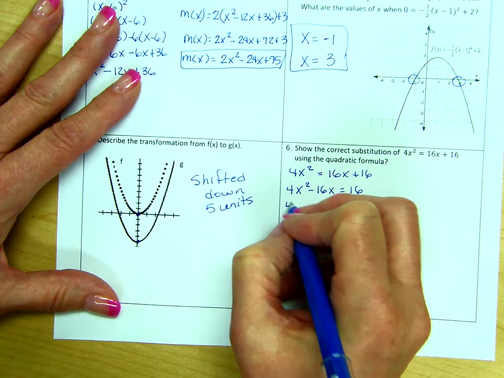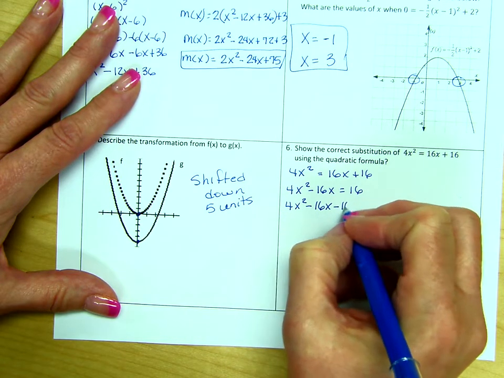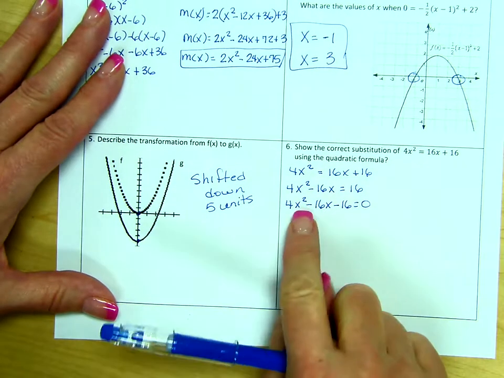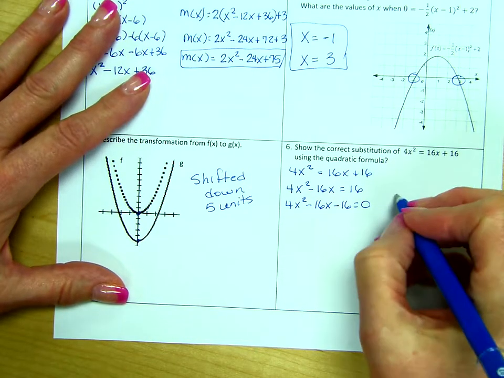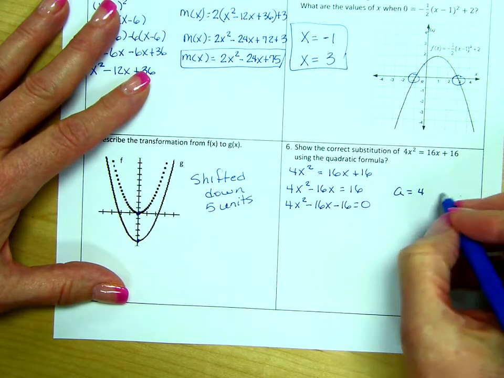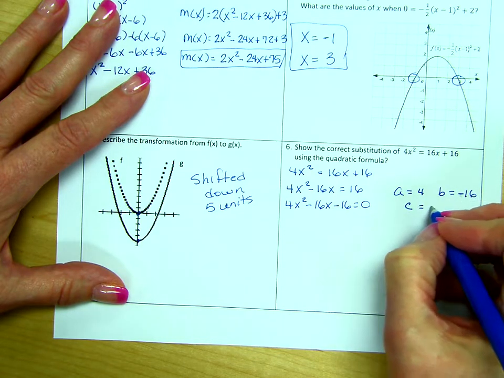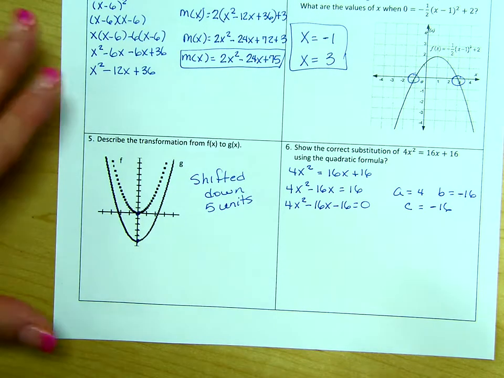Now I'll get rid of the 16. 4x squared minus 16x minus 16 equals 0. You cannot use the quadratic formula until your function is set equal to 0. Now I can identify my a, which is 4, b, which is negative 16, and c, which is also negative 16. So now we're just going to have to show the substitution.